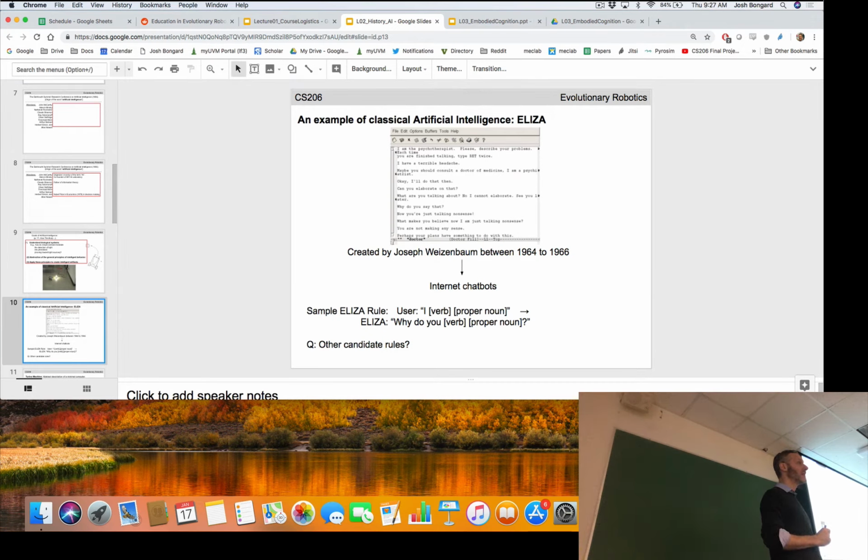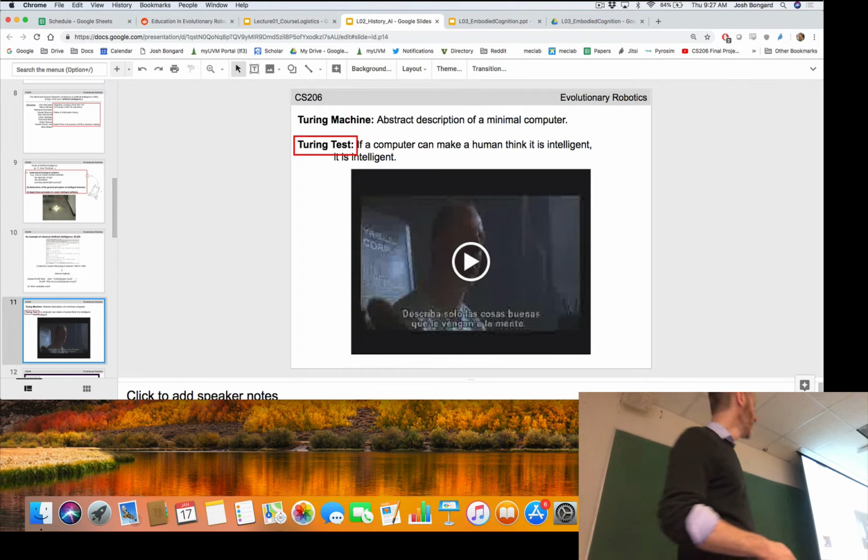Pretty simple, right? There were hundreds or thousands of these if-then-else statements, and you could get a more or less interesting conversation out of Eliza, but she would make some obvious mistakes that would immediately twig people to the fact that they were talking to a machine rather than a person. Okay, that's Eliza.